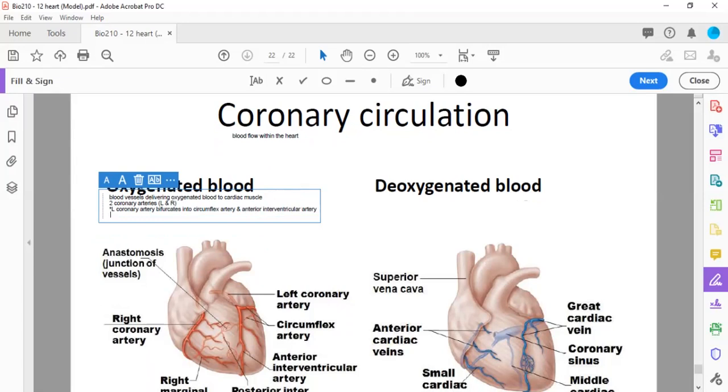And the right coronary artery bifurcates into the right marginal artery and the posterior interventricular artery.